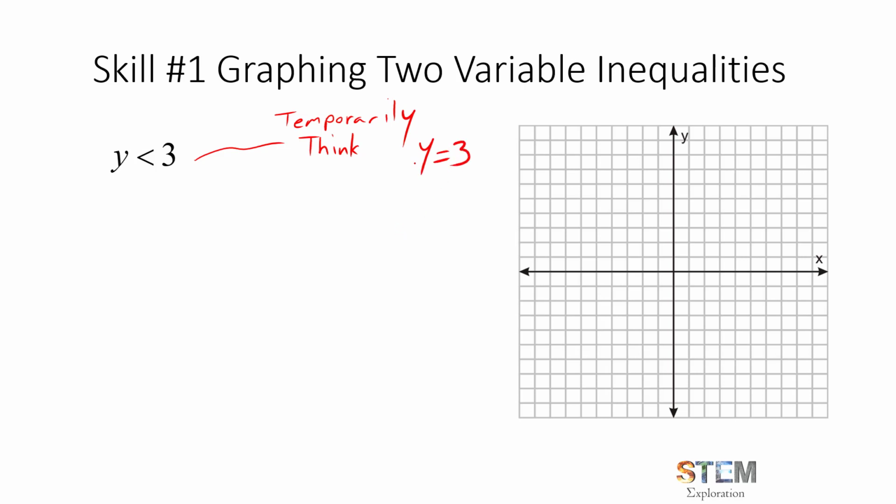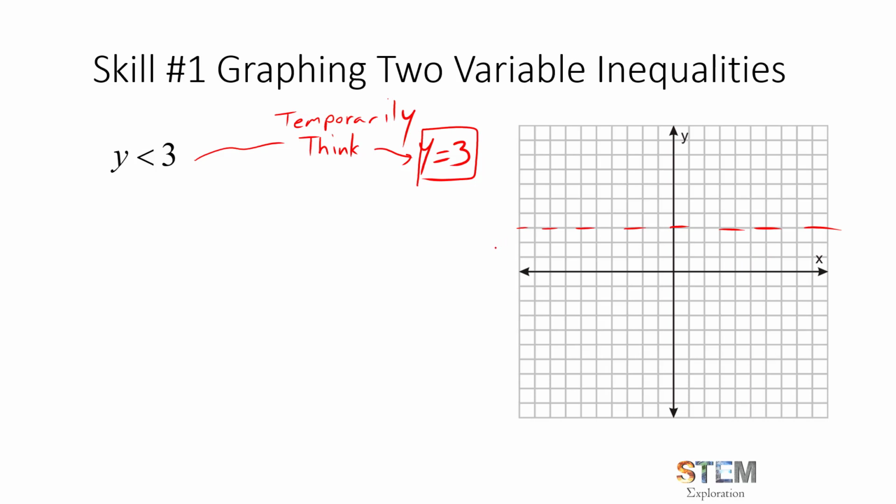On our coordinate grid, if y equals 3, we have a horizontal line because there is no slope.